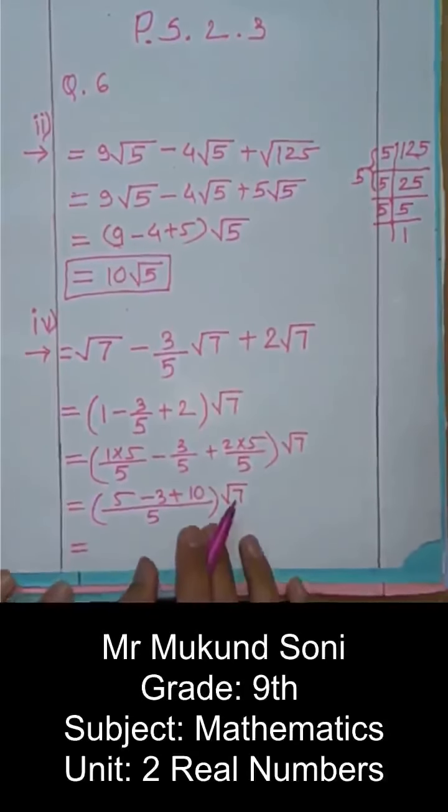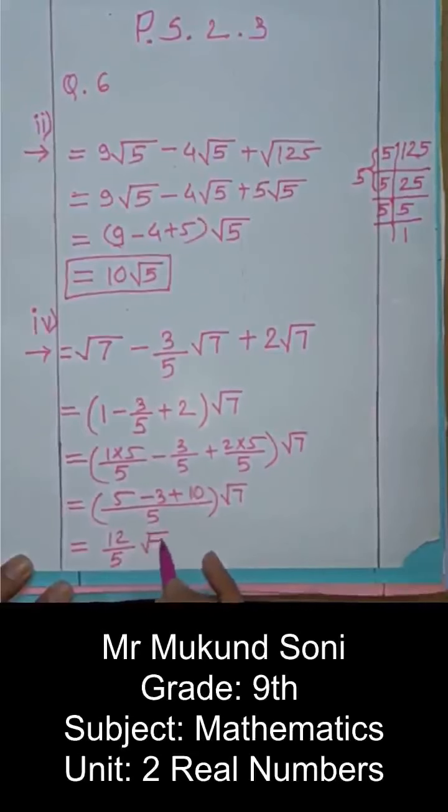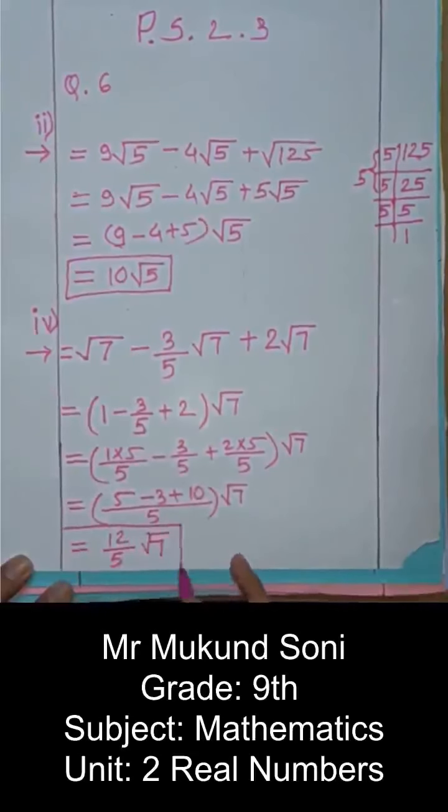Hence, the final answer is 12 over 5 times root 7. Give a box to the final answer.